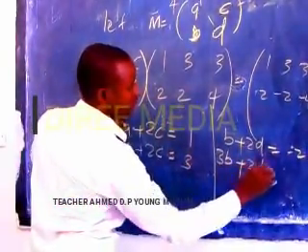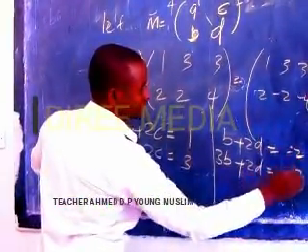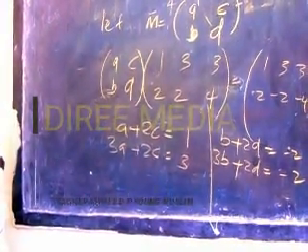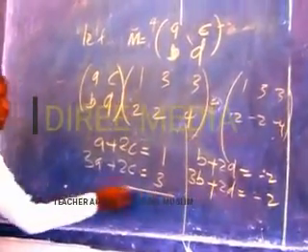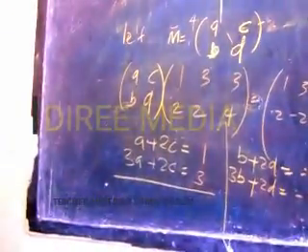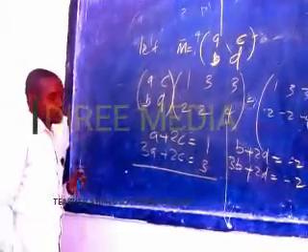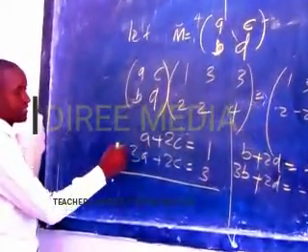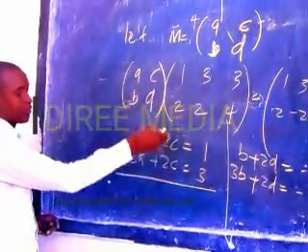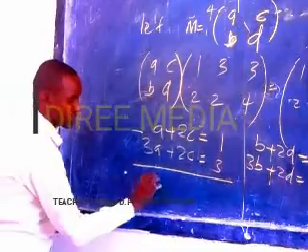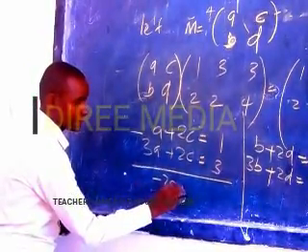Let's now solve these using simultaneous equations, using the elimination method. We have the elimination method and the substitution method for solving such equations. Here I want to eliminate C. Same sign, subtract. A minus 3A is negative 2A, 2C minus 2C is 0, and 1 minus 3 is negative 2.